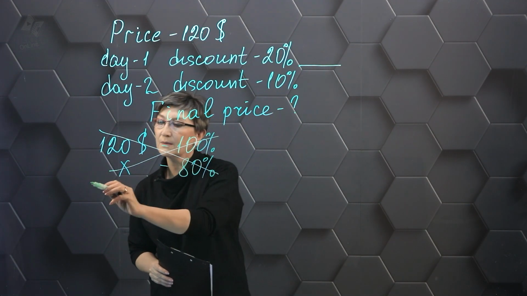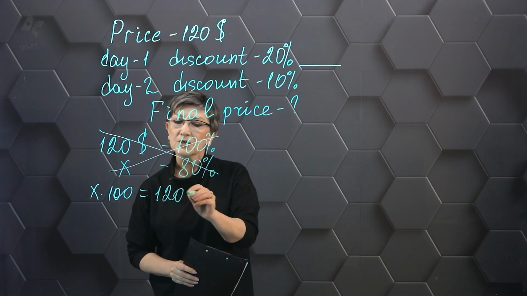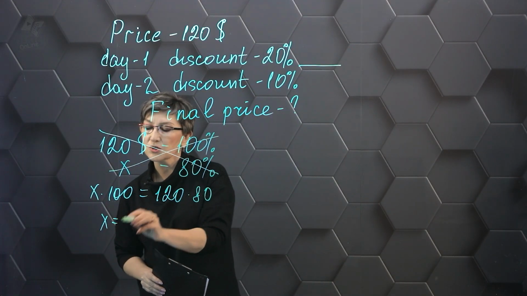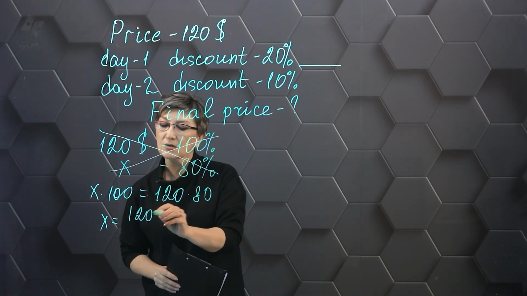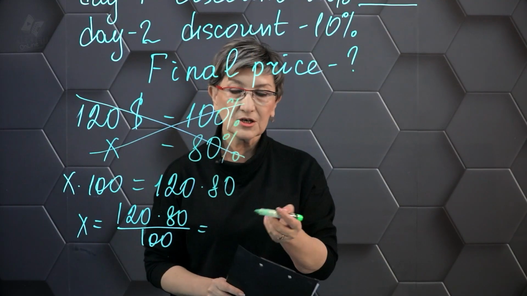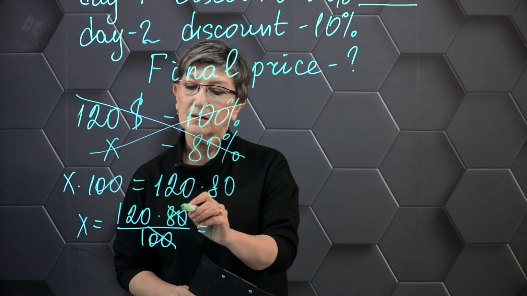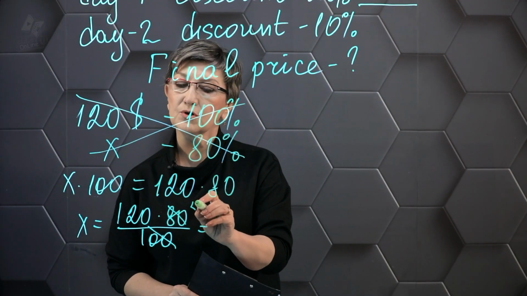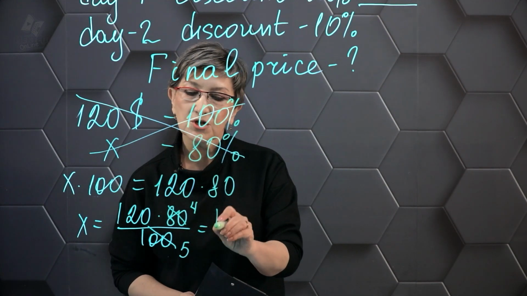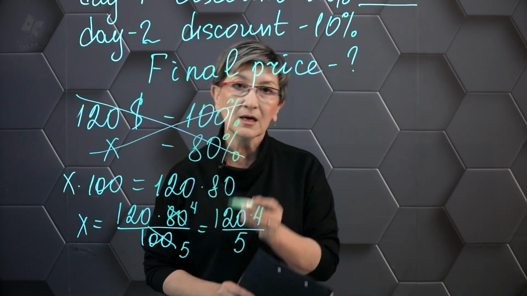We have to multiply x by 100 and 120 times 80. Solving this equation, we have that x is equal to 120 times 80 divided by 100. Reduce the given fraction, 80 and 100 divided by 20. 80 divided by 20 is 4, and 100 divided by 20 is 5. It turns out 120 times 4 divided by 5.